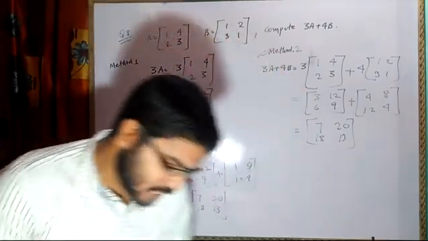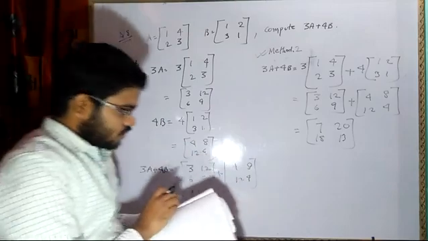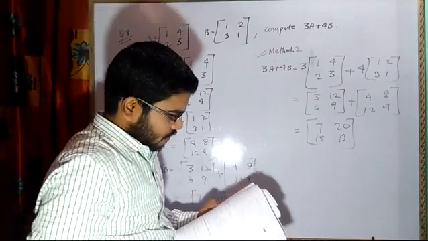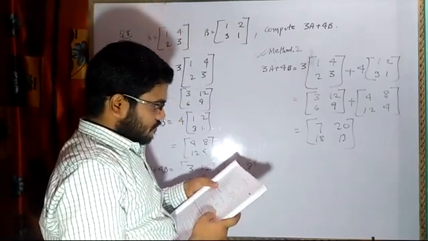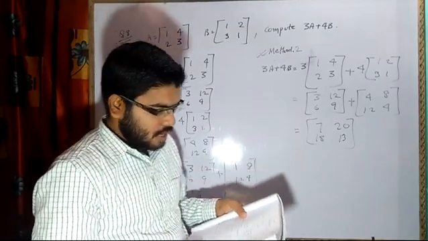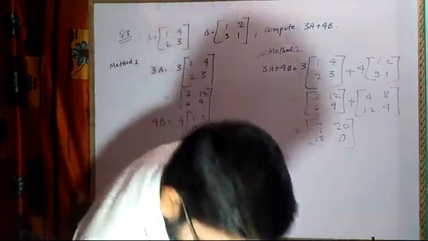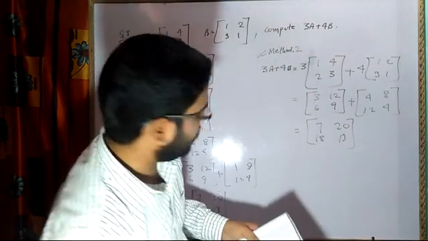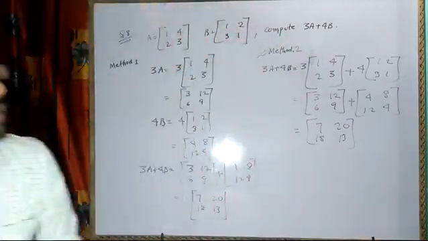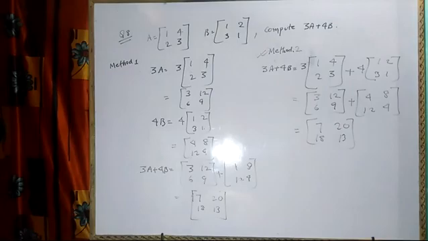Now the next question. To solve the next question, I will prefer question number 11. Now we have to solve question number 11. For that I need to erase the contents from the board.